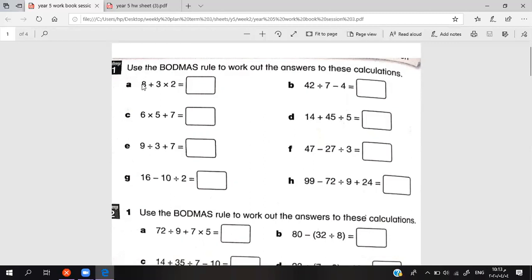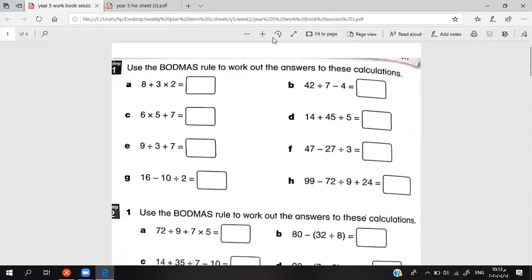An ordinary person would say, okay, 8 plus 3 is 11, 11 times 2 is 22, and my answer would be wrong. Why? Because there is something called the BODMAS rule. As you can see, use the BODMAS rule to work out the answers.